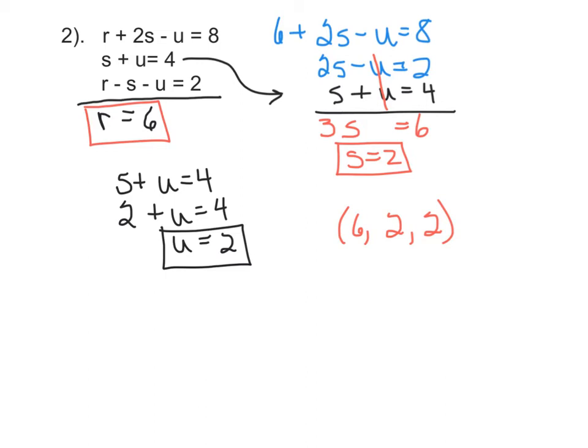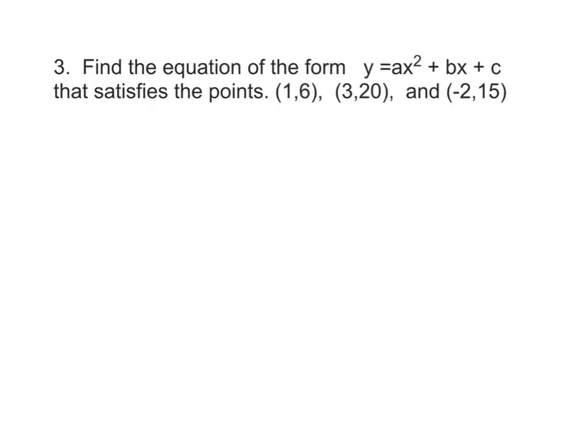Now let's move on to exercise number 3. In exercise number 3, this shows us another application of solving 3 variables with 3 unknowns. So this one is telling us that we have an equation. Our equation, hopefully you recognize as a quadratic equation.